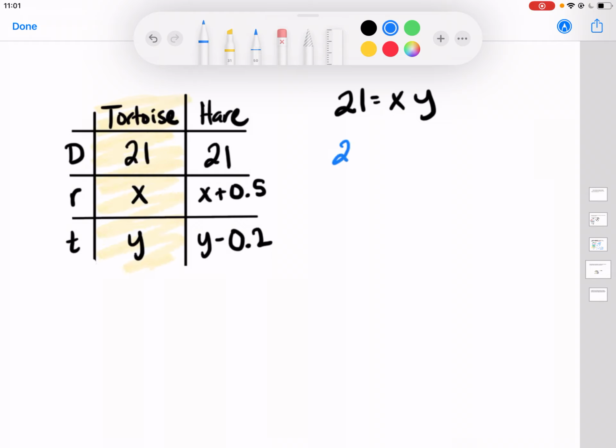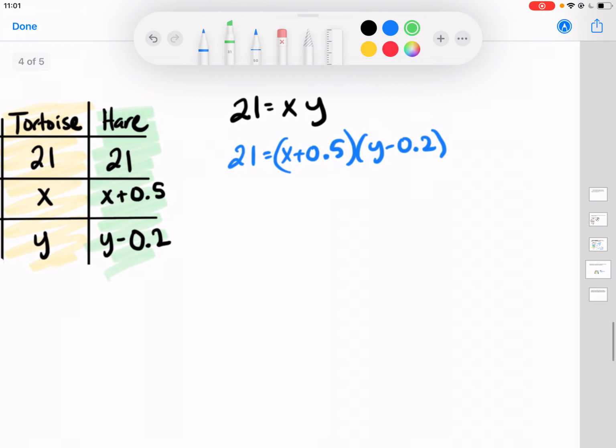And then the other one is 21 equals X plus 0.5 times Y minus 0.2. And that comes from this section, because distance is rate times time.